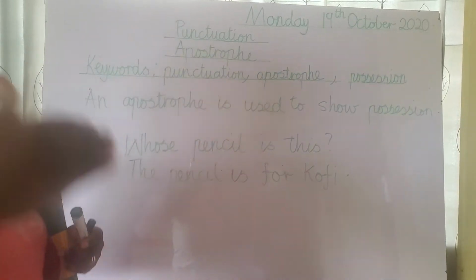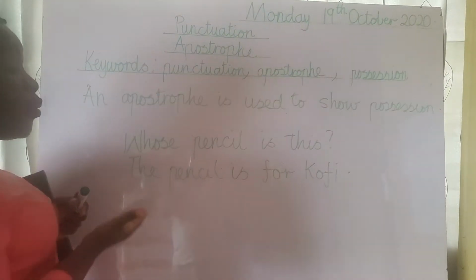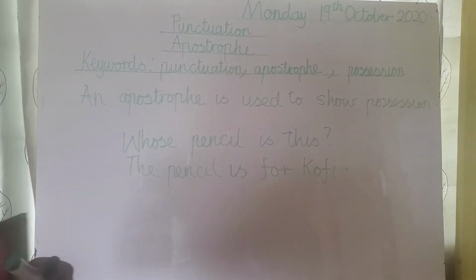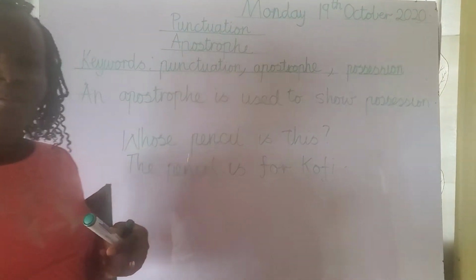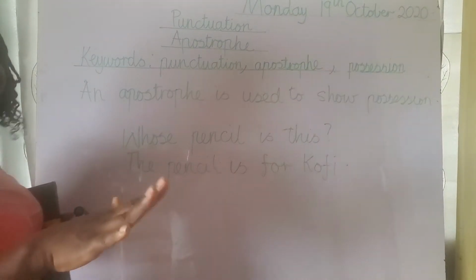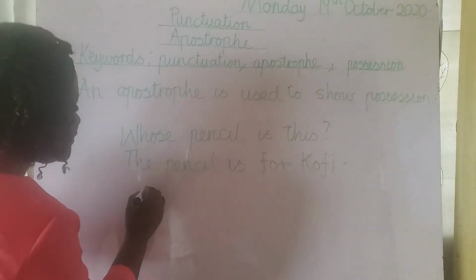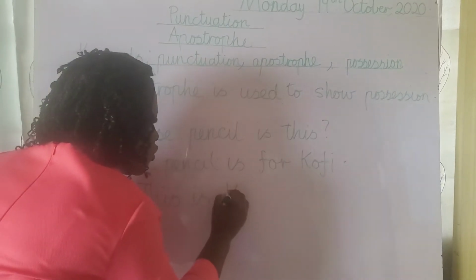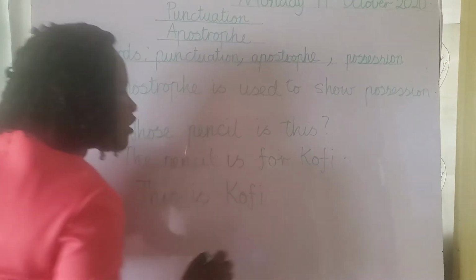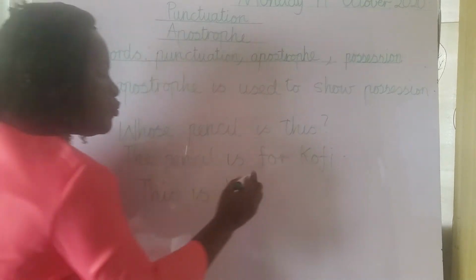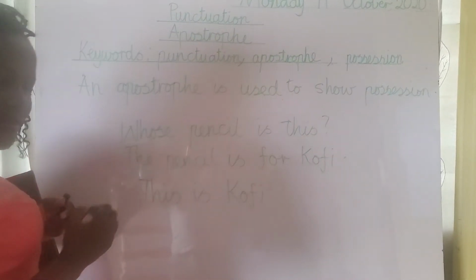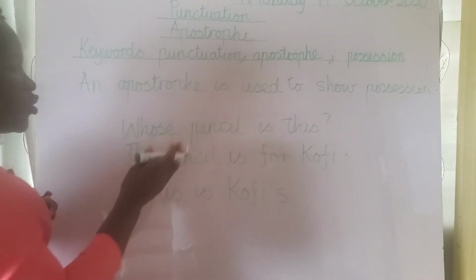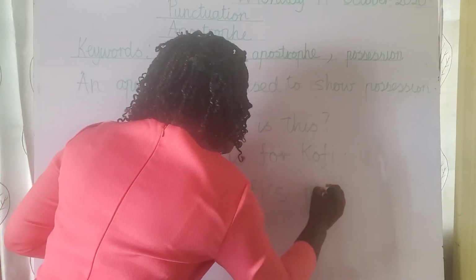If you want to use the apostrophe and you don't want to form a sentence like this, the pencil is for Kofi, what would you say? Yes, try. Good. This is Kofi's pencil. After writing the name Kofi, you put your apostrophe up here like this, and then you add your S. So this is Kofi's pencil.